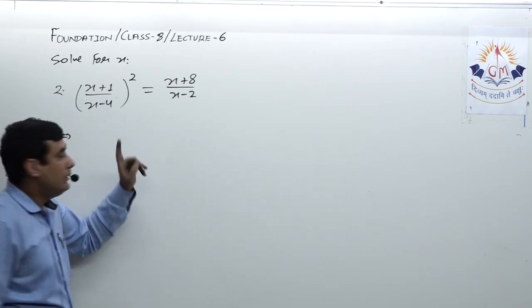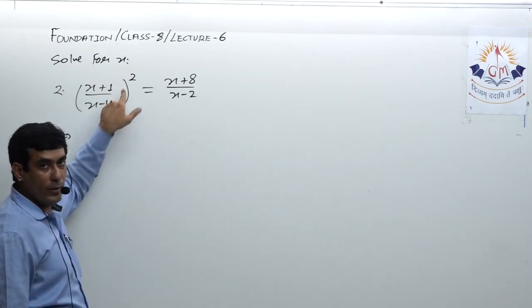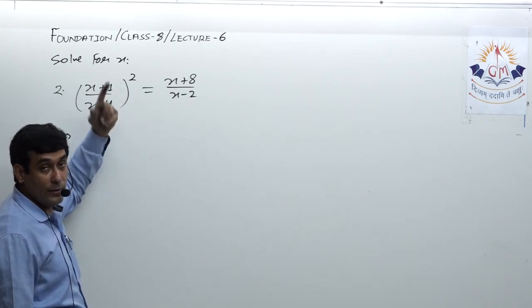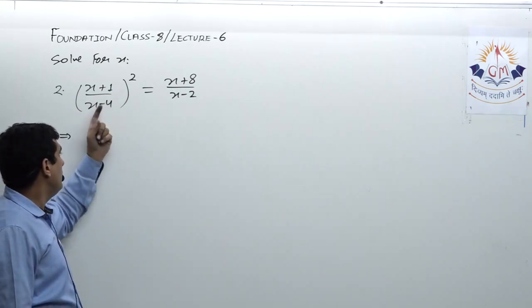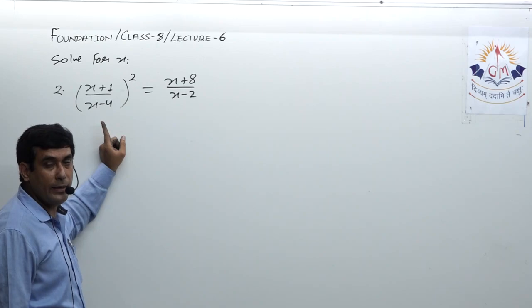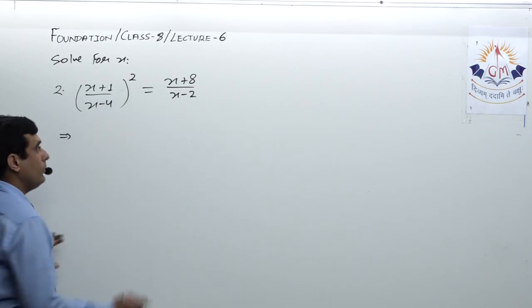First of all I'll apply the identity of a plus b whole square, and here the identity of a minus b whole square I should apply. In the previous question both were the sum of two terms. Here it is a difference of two terms, so I have to apply the identity of a minus b whole square.